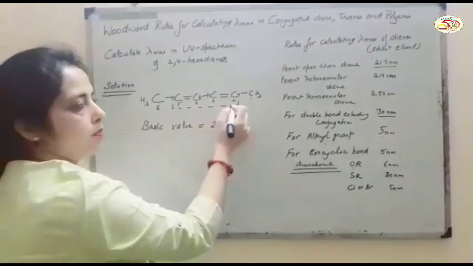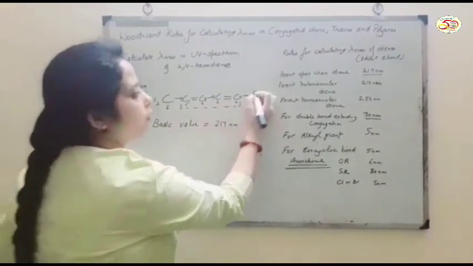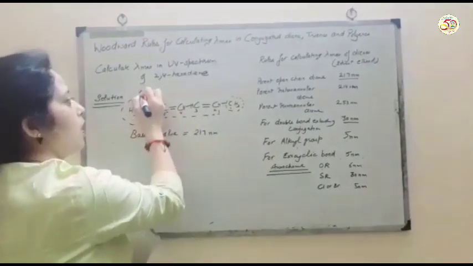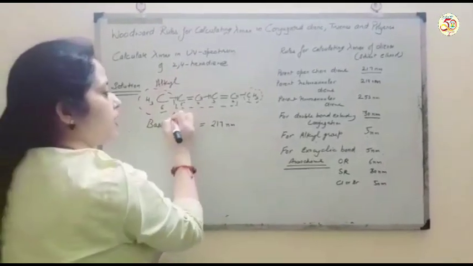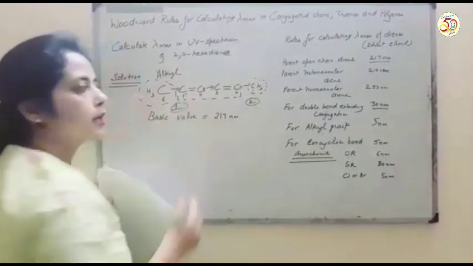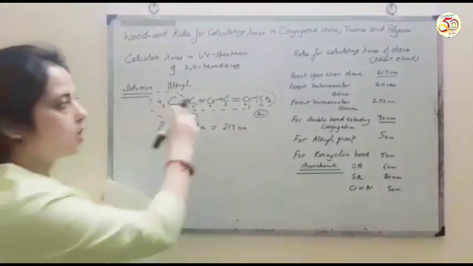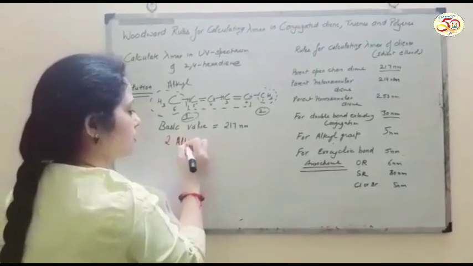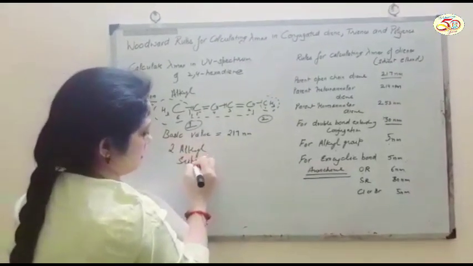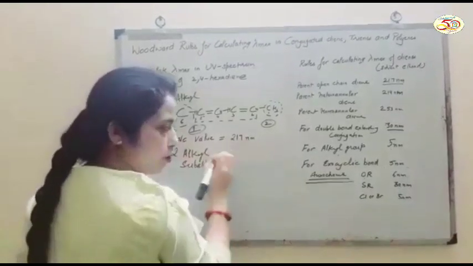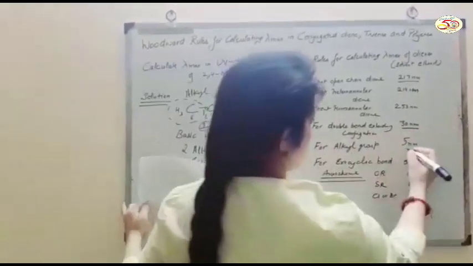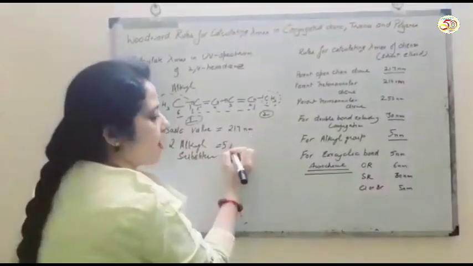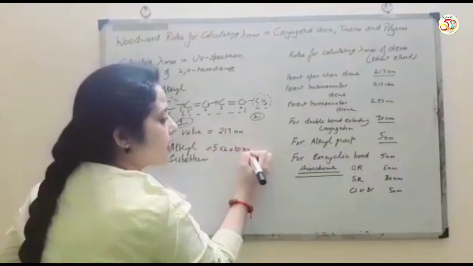Now on this basic diene chain molecule, we have 2 alkyl substituents, alkyl group 1 and 2. So 5 nanometer value will be added to the basic lambda max for each alkyl group. 5 multiplied by 2 equals 10 nanometer.